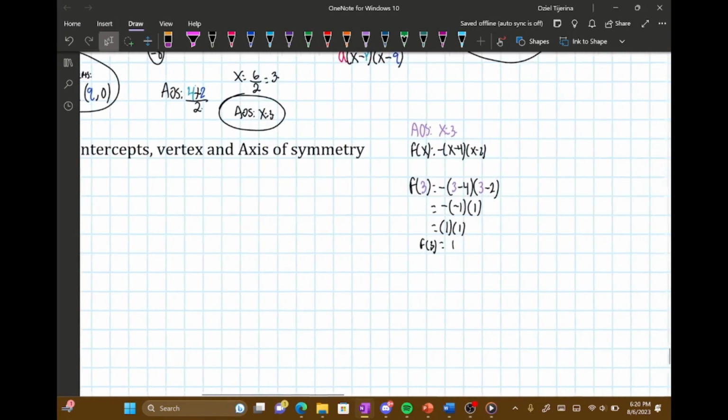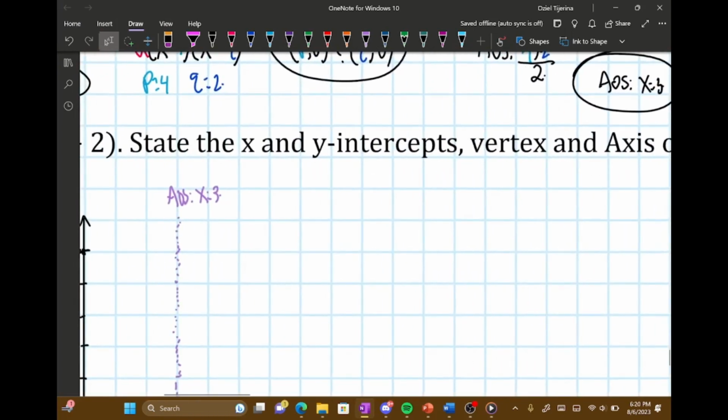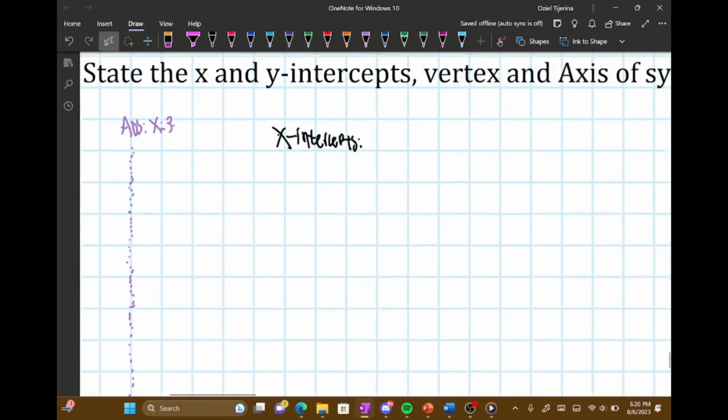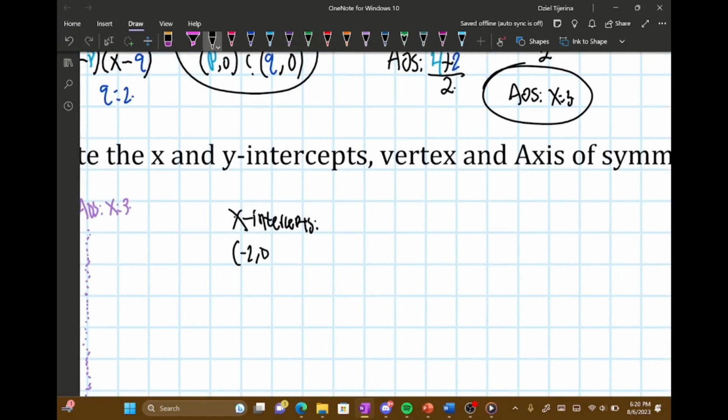So again, I'm just going to state my x and y intercepts. My x-intercepts are going to be at the following points: (-2, 0) and (4, 0).